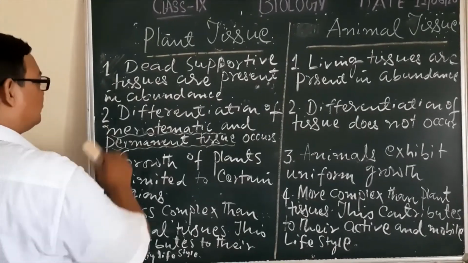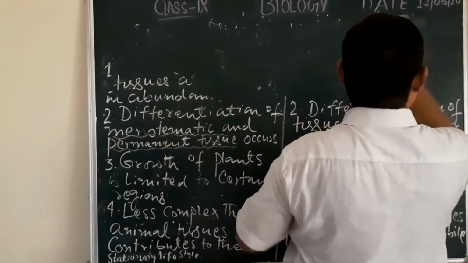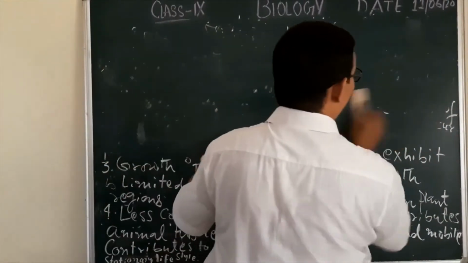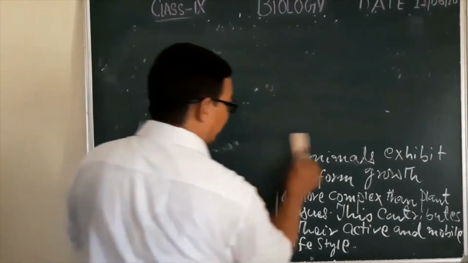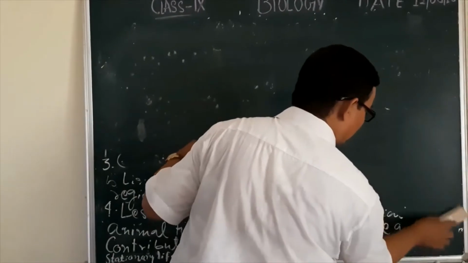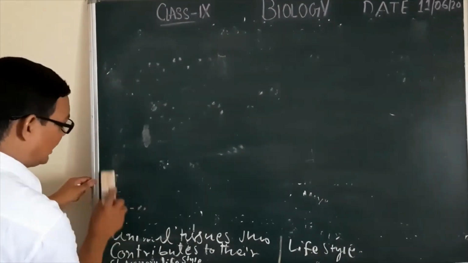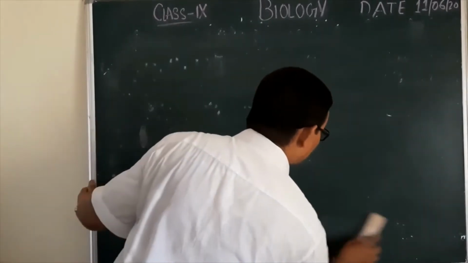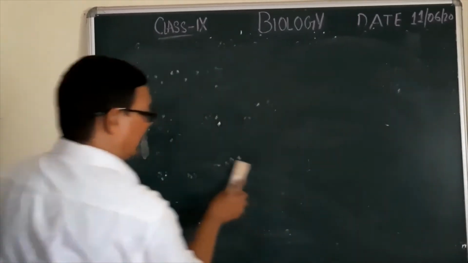And at the last, I would like to give you an idea about the syllabus. The first part we have already completed, and in the next class we shall start plant and animal tissue.